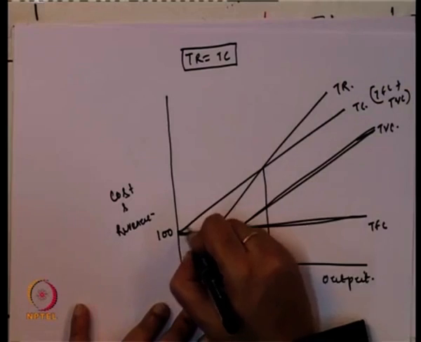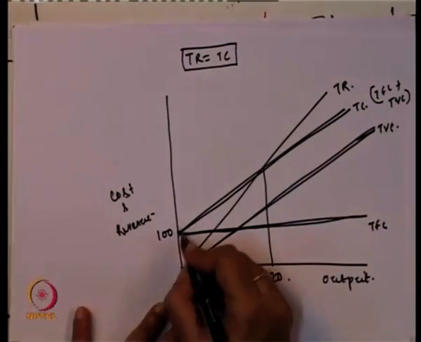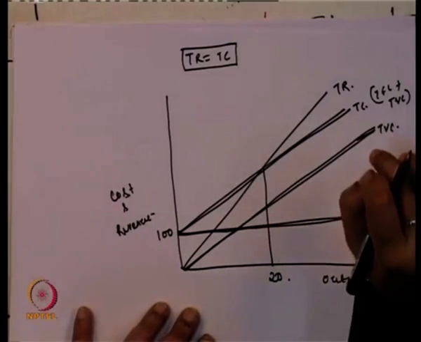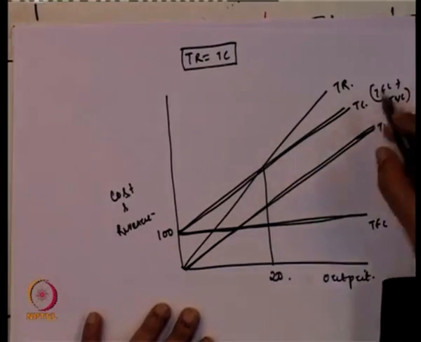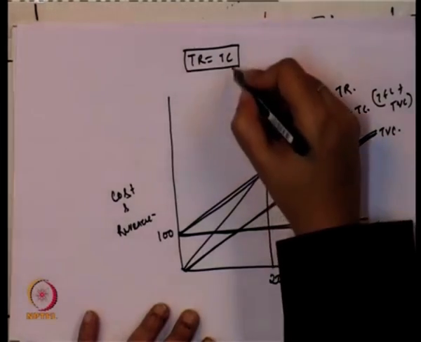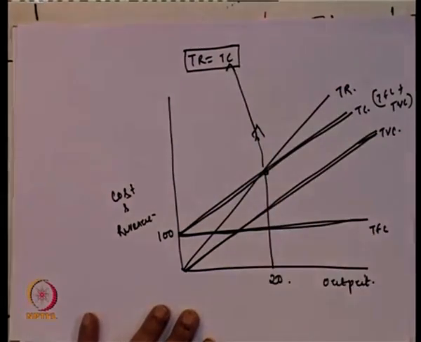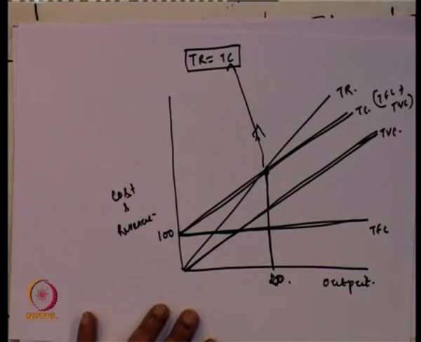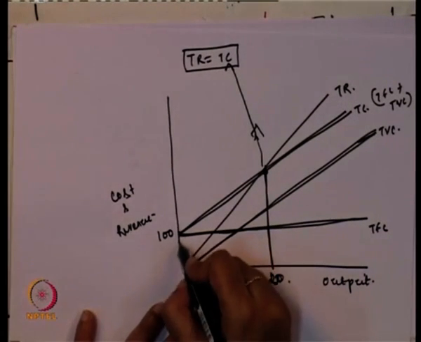That is the reason it starts from 100, because this is total fixed cost plus the total variable cost. Now, what is the break even point? At the break even point, the total revenue is equal to the total cost. So, corresponding to this we get the level of output as 20.